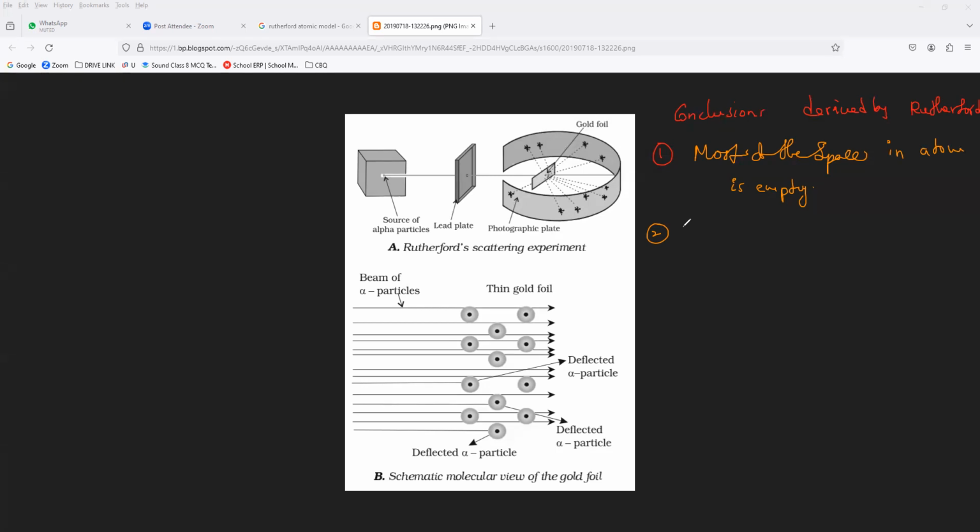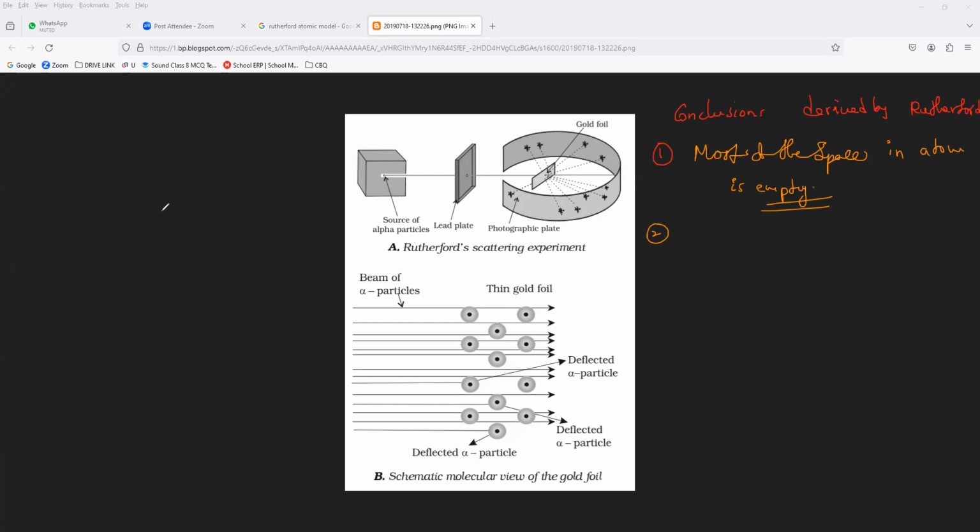So it was concluded that most of the space in an atom is empty. Do you understand, everyone? Please respond, guys.